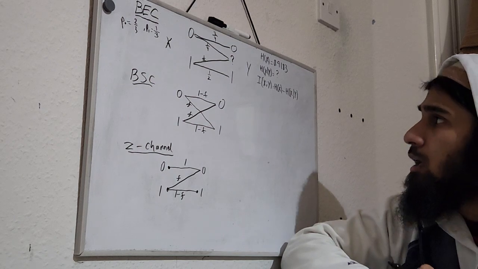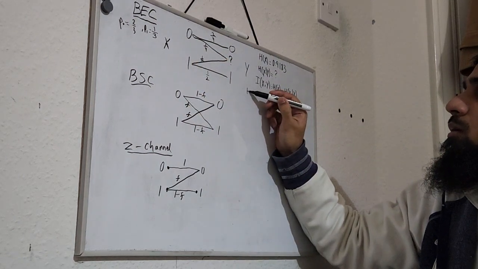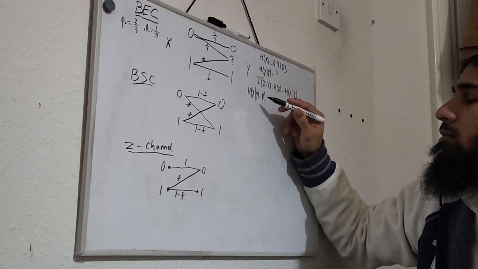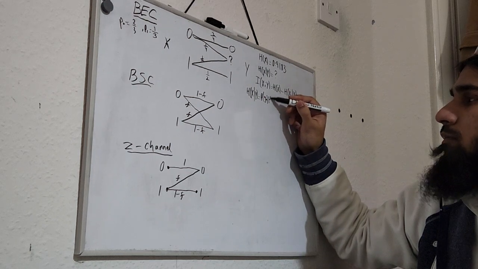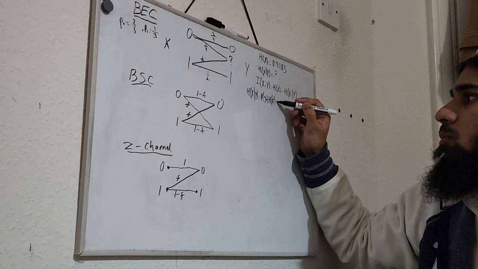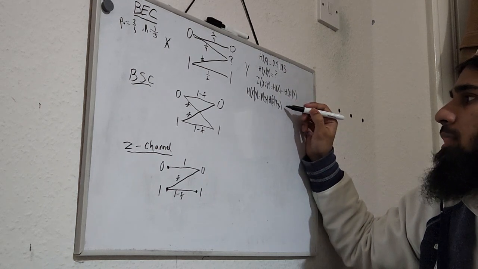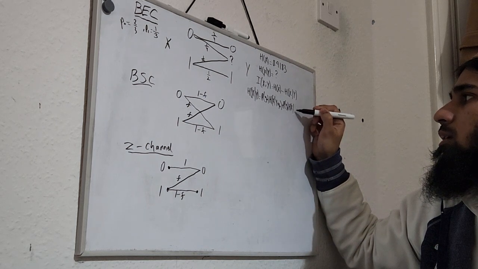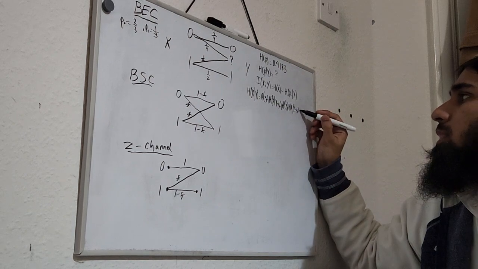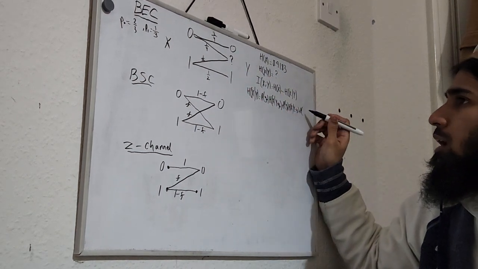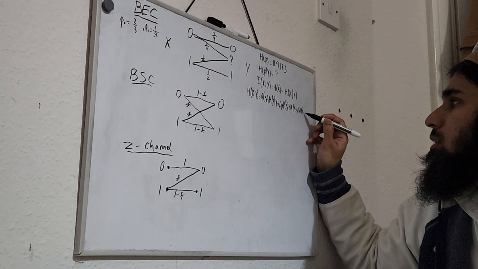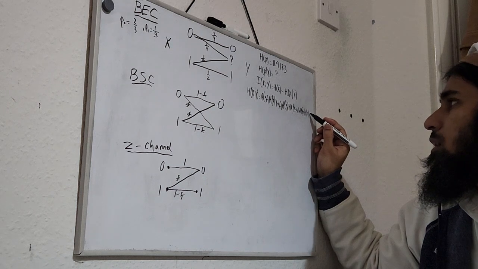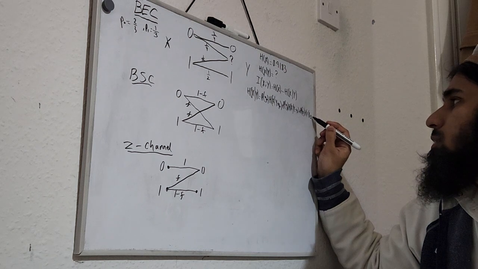Now h of x given y, how do you work that out? Remember the formula: it's the probability that y is 0 times h of x given y is 0, plus the probability that y is 1 times h of x given y is 1, plus the probability, remember the question mark for this channel, that y is unknown, times h of x given y is equal to y question mark.